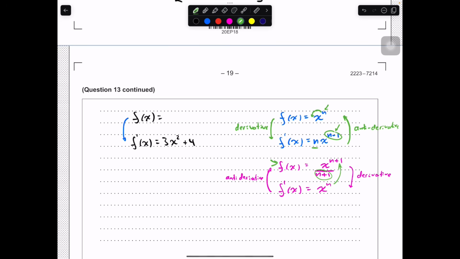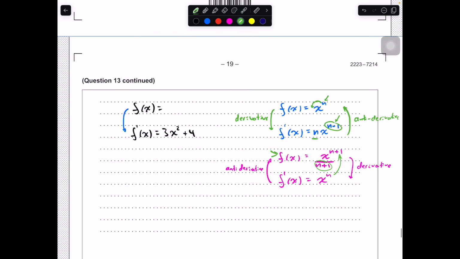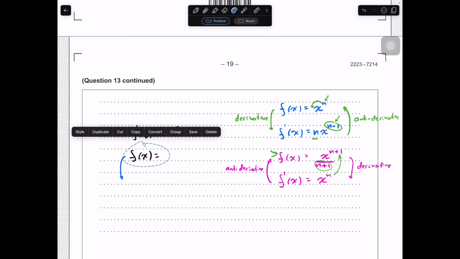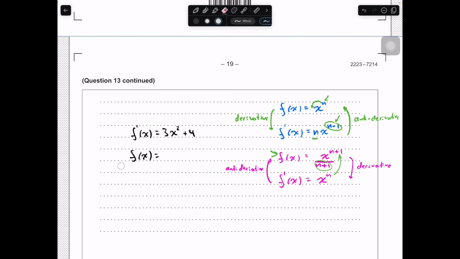Okay, so let's work it out. I'm actually going to rearrange this somewhat. Sometimes I think it's a little better looking at things sequentially this way. So here is f prime of x. This is our derivative. Let's take the antiderivative.